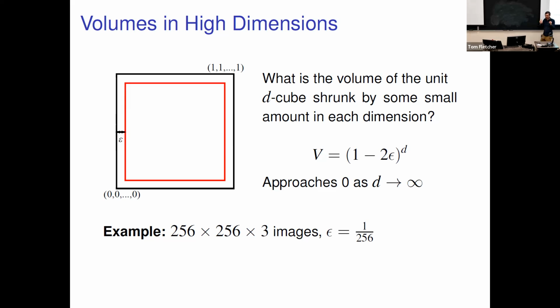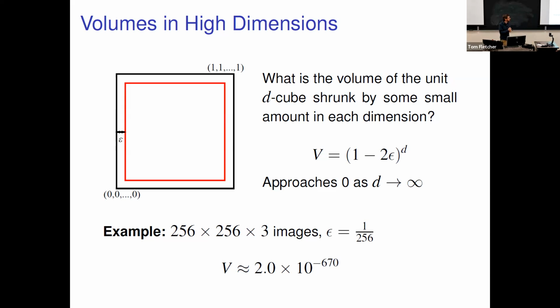That's the smallest color change I can make, the smallest quantizable epsilon in 8-bit images. In that dimensionality, the volume of the hypercube shrunk by just the smallest pixel change is 2 times 10 to the minus 670. So that's pretty much 0.